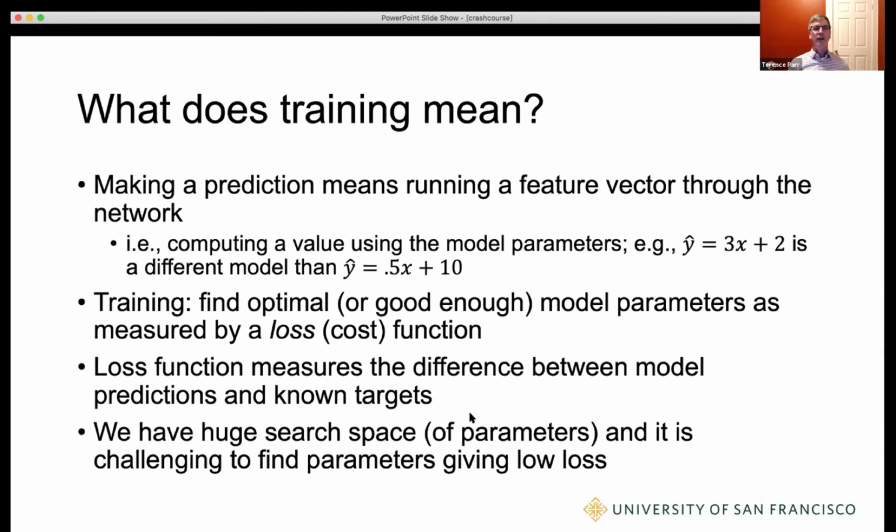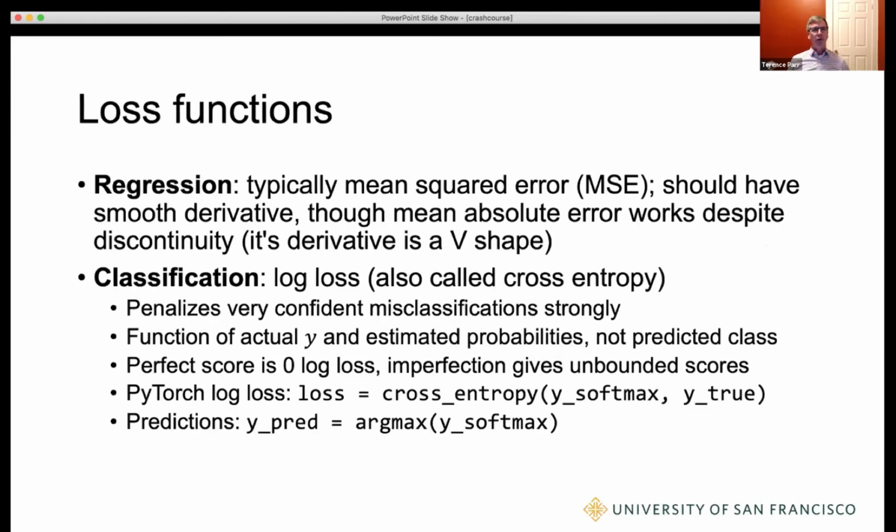So it is quite challenging finding parameters that give you the lowest error, the lowest cost, or lowest loss. Those are all synonyms. Okay, so for regression, as Yannet said, we typically use mean squared error. We like having a smooth derivative, but I've seen mean absolute error. It's a little weird because the derivative is a V, which means it has a non-linearity at 0, but apparently we're able to deal with that.